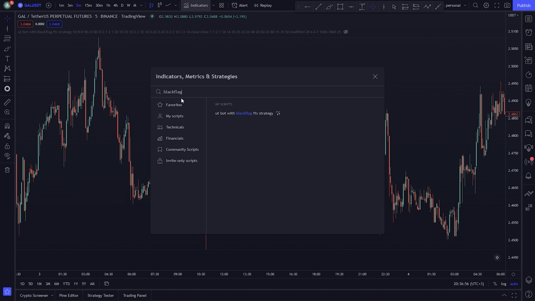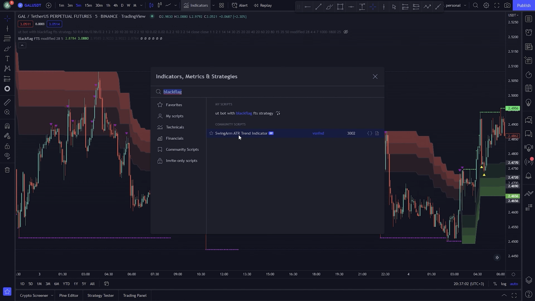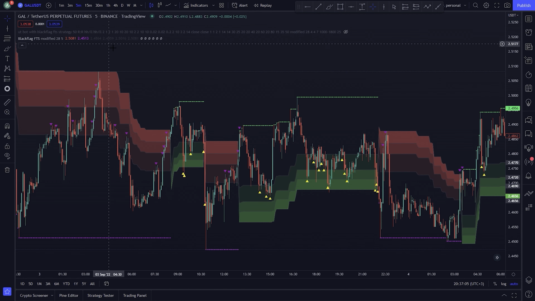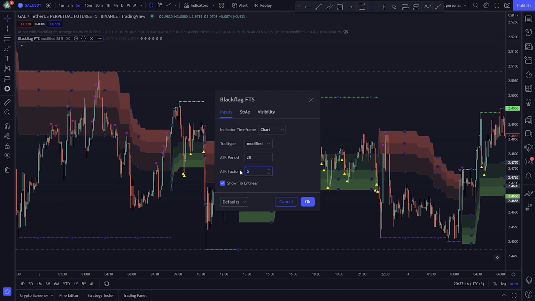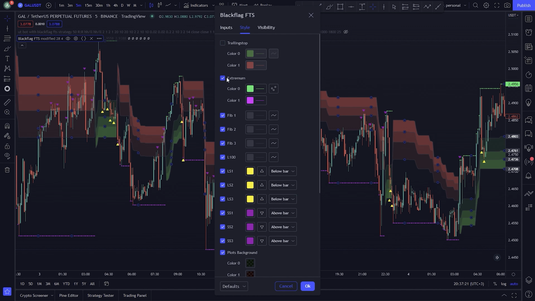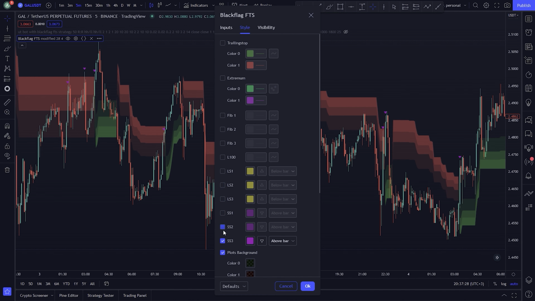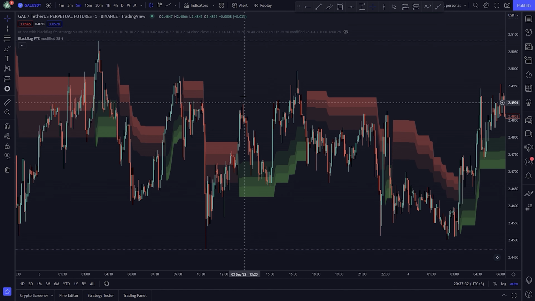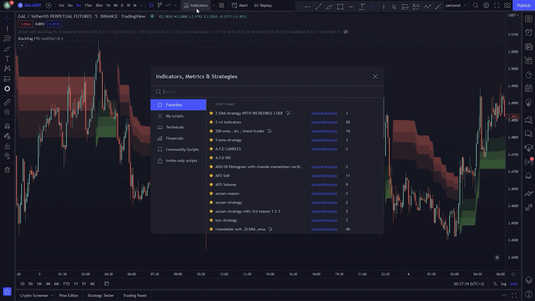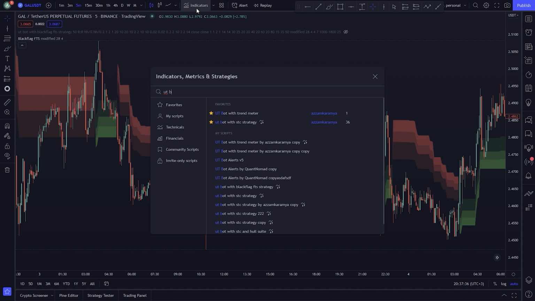Swing Arm ATR Trend indicator. UT Bot Alerts.